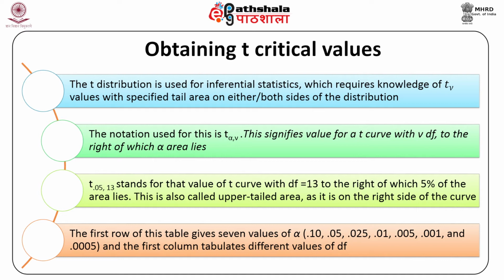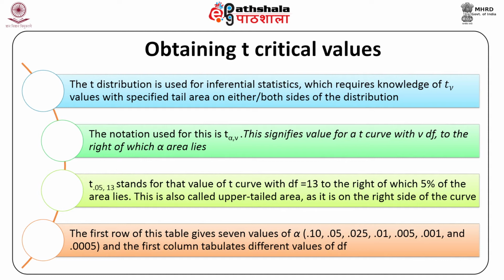Often, the notation used for this is t alpha, nu, or t alpha comma nu, which we generally read as t alpha nu. This signifies a value for a t curve with nu degrees of freedom to the right of which alpha area lies. So, alpha is the area to the right of this distribution.